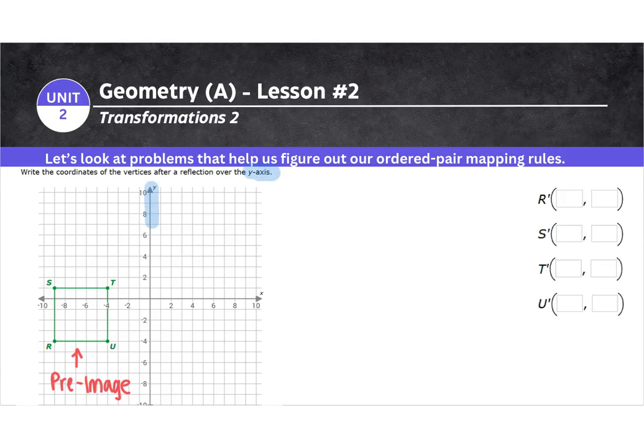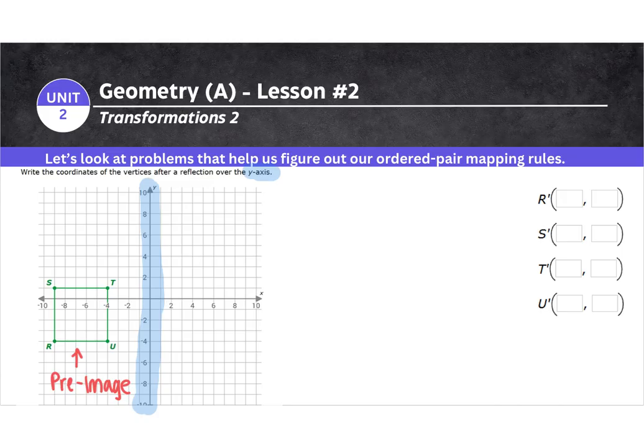So I'm going to highlight the y-axis. Your y-axis is this vertical axis right here. So this is where it needs to go. Now, if you have graph paper, I definitely encourage you to use that. Feel free to just count the number of units from your line of reflection.